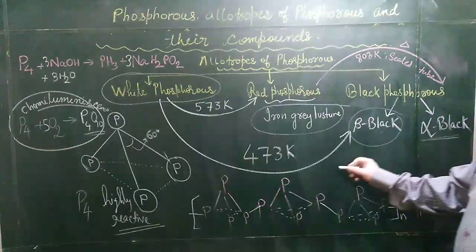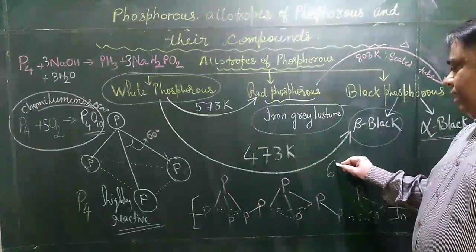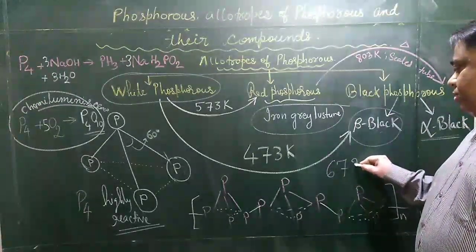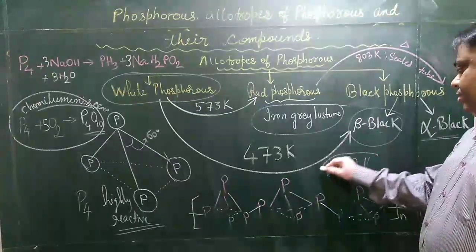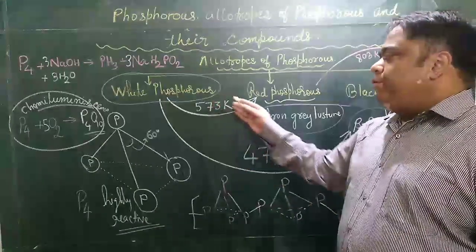Keep in mind that phosphorus does not burn at any temperature below 673 Kelvin. So it keeps on changing its allotropic forms.